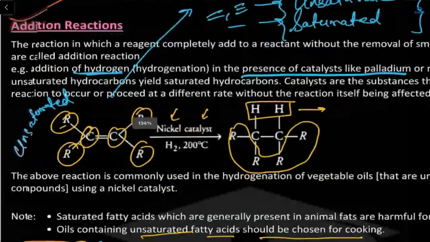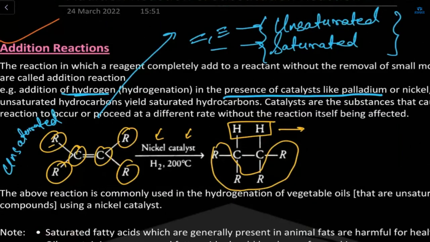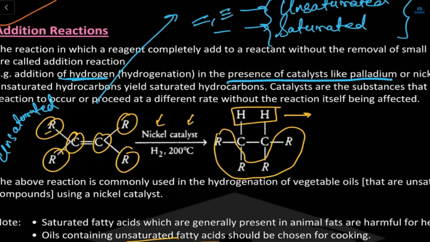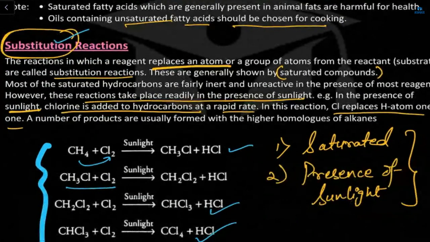Again, what is the addition reaction? The first point of this addition reaction is that this process involves addition of hydrogen with the help of a catalyst. What is the use of catalyst? Catalyst speeds up your reaction without getting itself affected. Substitution reaction: the first point is that these reactions are generally shown by saturated compounds, and this takes place in the presence of sunlight.